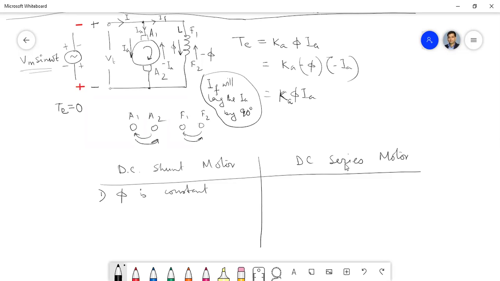So the field always gets the supply voltage, and if the supply voltage doesn't change, the flux remains constant. But in a DC series motor, the flux is proportional to the armature current, before saturation. The curve will be a straight line before saturation only.